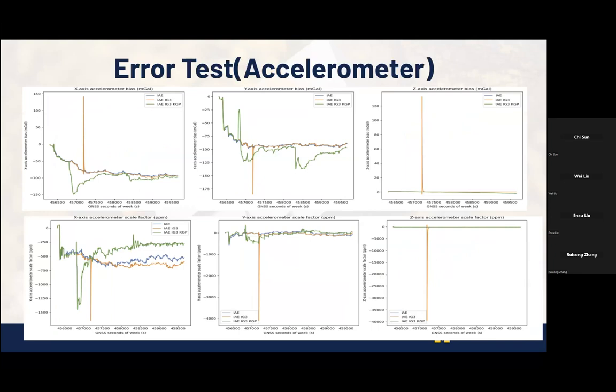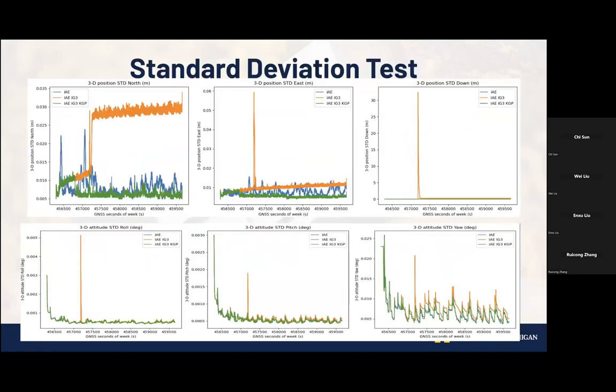As for accelerometers, a similar tendency can be told as well. We can also compare the standard deviation of the navigation result. We can clearly see that our method reduces the standard deviation and largely mitigates the insufficiency of robustness.